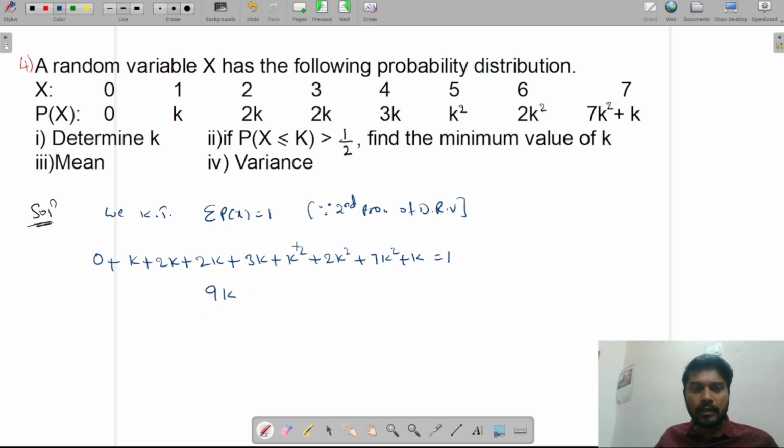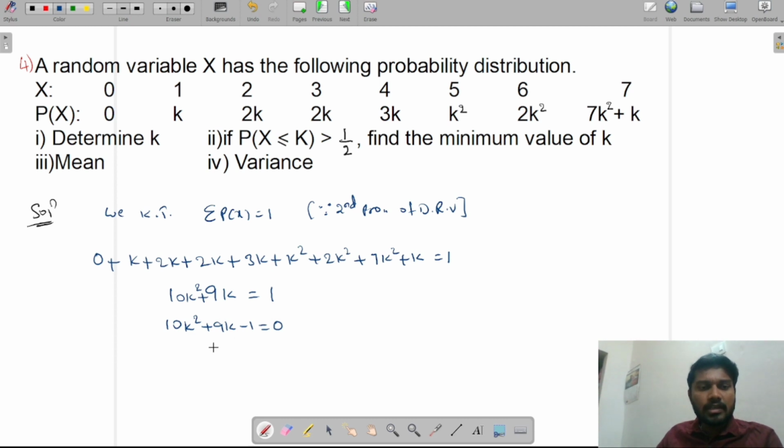Now add the k square values: 1k square, 3k square, 10k square. So 10k square plus 9k equals 1. Sending this to the LHS, it becomes 10k square plus 9k minus 1 equal to 0. I got a quadratic equation in the variable k.